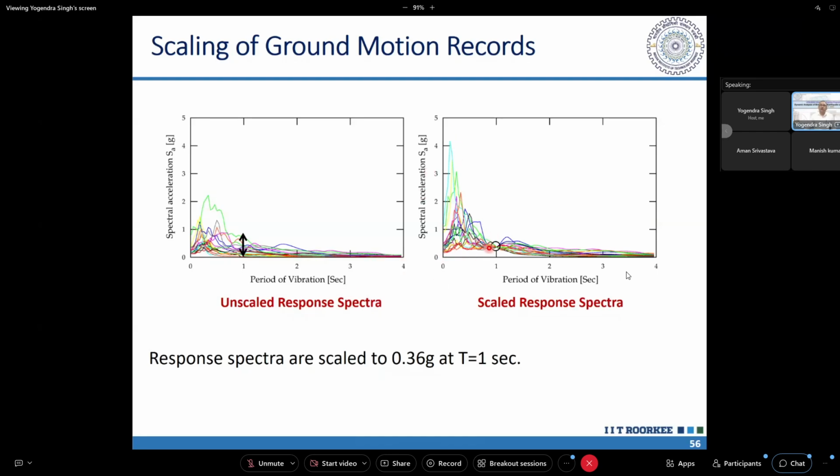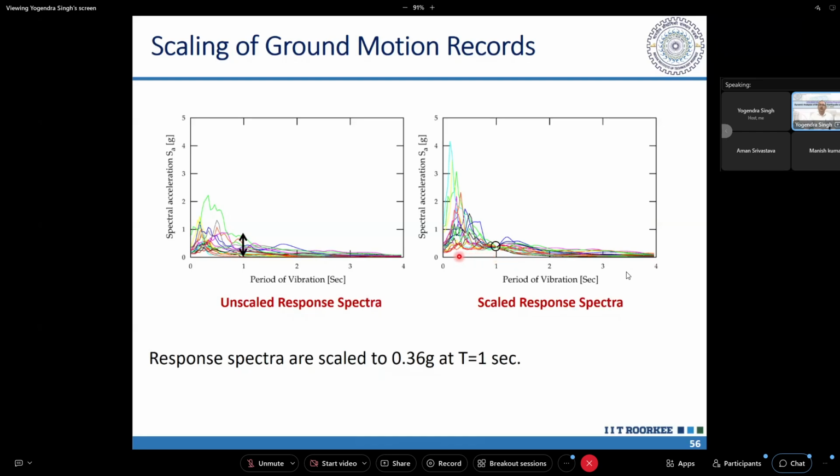So we have to be careful that this type of dispersion should not occur in the frequency range which can affect the response of our structure. And what is that frequency range? That frequency range is the one causing 90% mass participation in our structure. As we go for higher modes, the period goes on reducing.